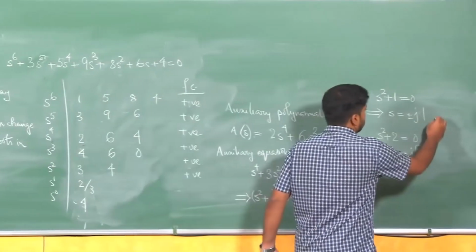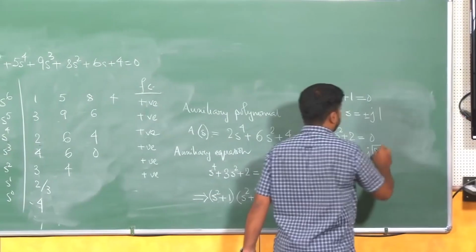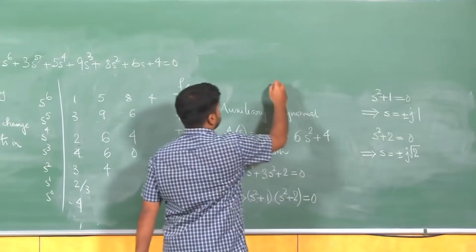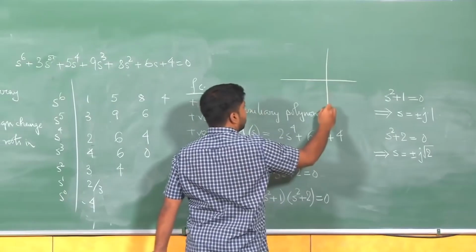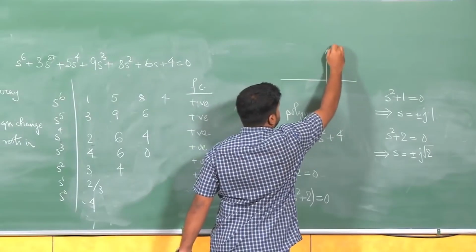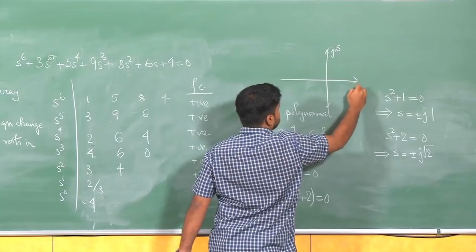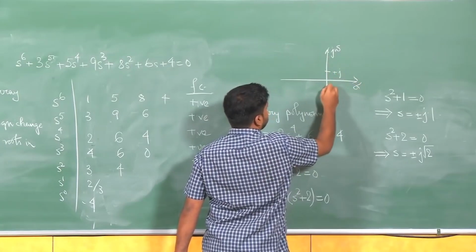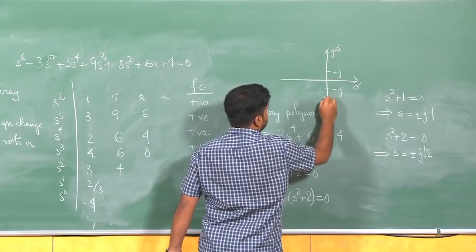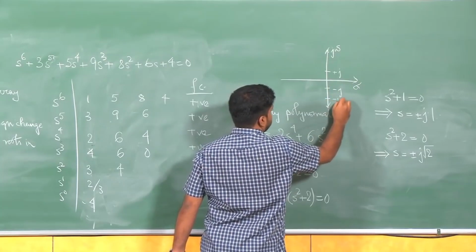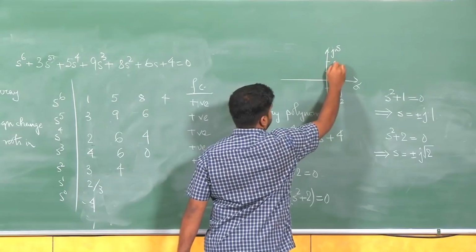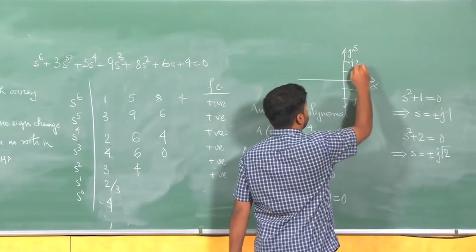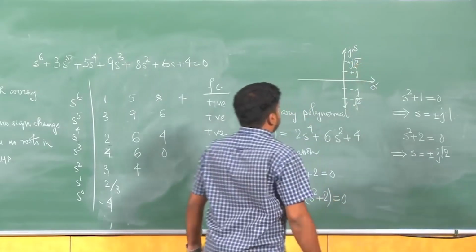So, there are 4 roots on the imaginary axis. So, if we just draw the S plane, and this is j omega, this is sigma, there is one at plus j, one at minus j, and one at plus j root 2, one at minus j root 2.